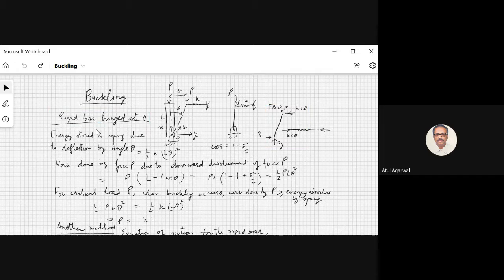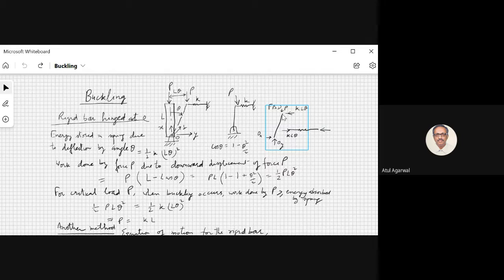Now energy is stored in the spring due to deflection. You can say that its energy is half K into whatever the compression is, squared. Now the work done by force P. As force P is applied, there is some work done by it, because there is a downward displacement of the bar as the bar rotates.